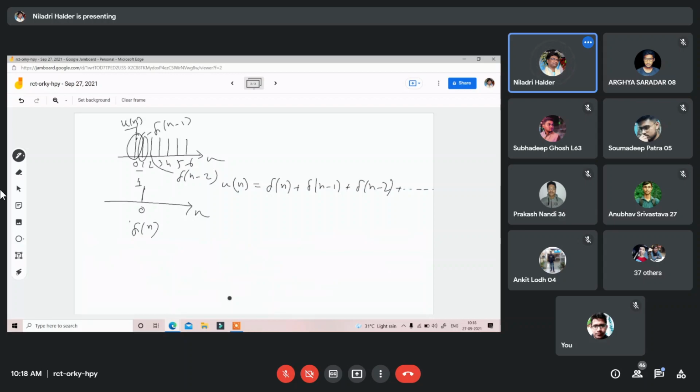So from here, what can you write? Simply, if we consider a variable k, with k equal to 0 to infinity, the sum of delta[n-k]. When k equals 0, you get delta[n].